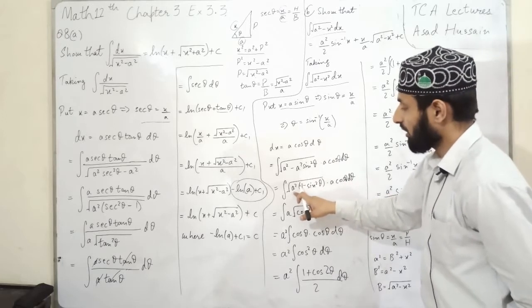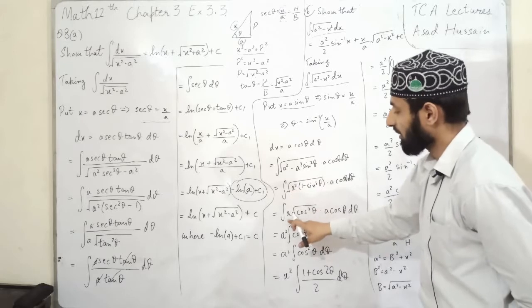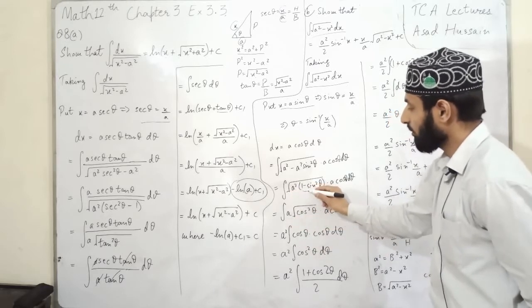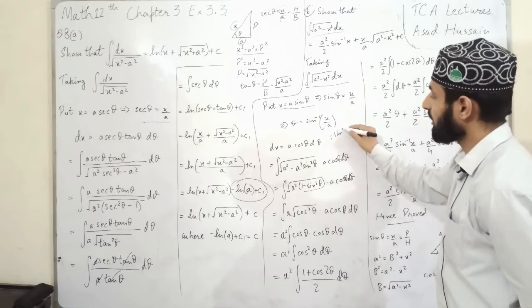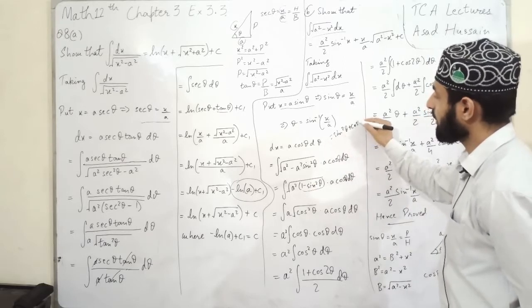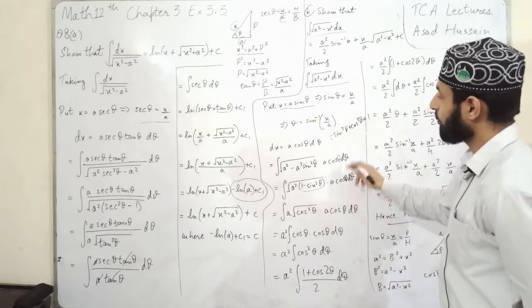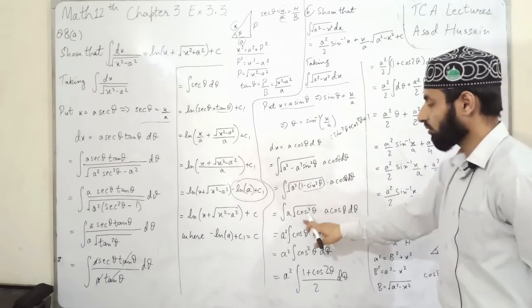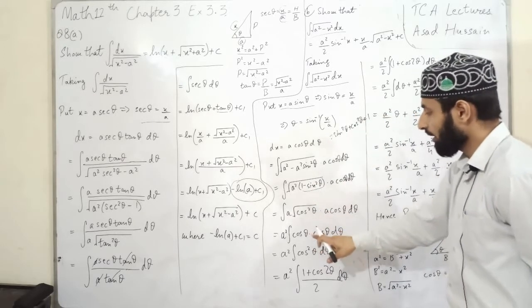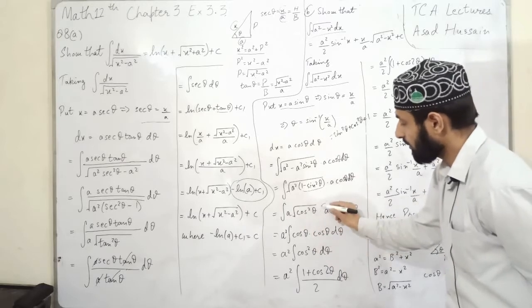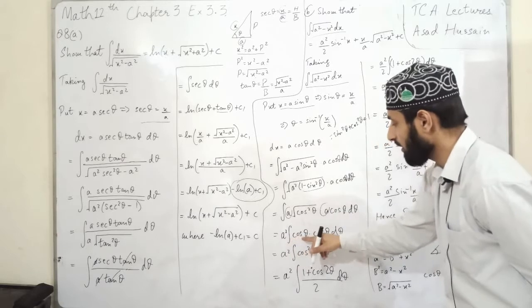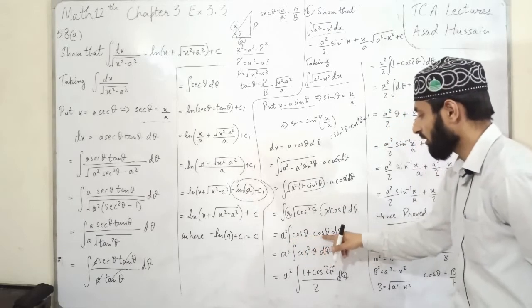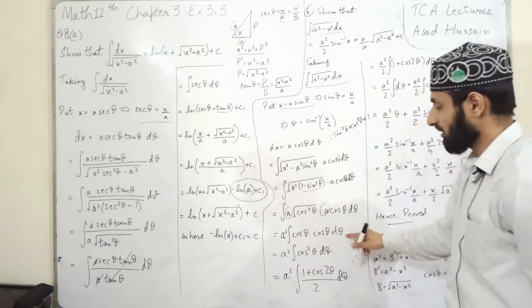This a² will be cancelled by the under root, we get integral a. As we know that sin² theta + cos² theta is equal to 1, so 1 − sin² theta is equal to cos² theta. Taking under root, and these two constants will be taken common as a² integral cos theta d theta.